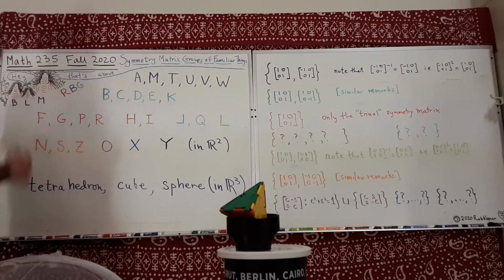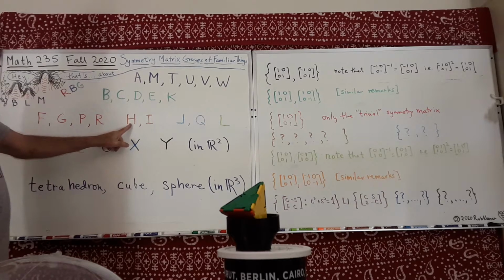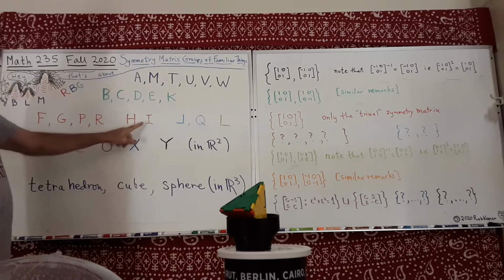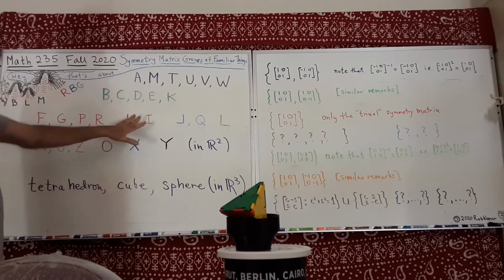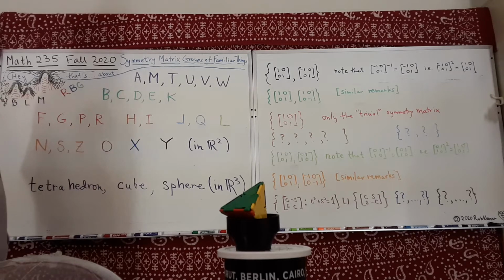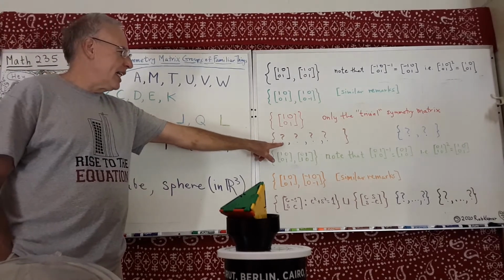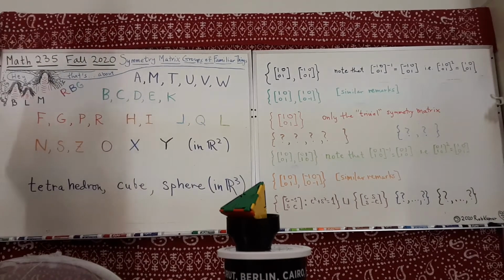And then a little exercise is find the symmetry matrices of the letters H and I, which kind of look like each other a little bit. And it turns out that there are 4 of them, including the identity. So the identity is one of those, but you should find out what the other 3 are.